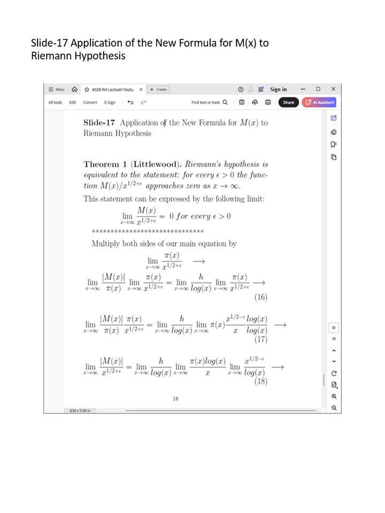To use our limit equation to evaluate Littlewood's limit, we proceed by multiplying both sides of the equation by the limit of pi of x divided by x to the 1/2 plus epsilon power to obtain equation 16.